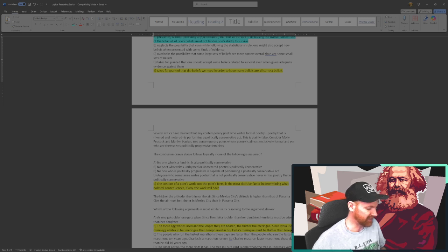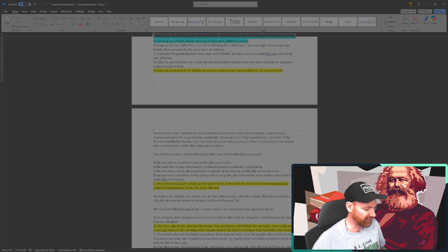D is a bit tricky, but we don't need to prove that these feminists would never write politically conservative poetry, just that they could write some that isn't conservative, right? And E doesn't do nearly enough to make our conclusion airtight. Okay, so E kind of is on the right track, but it's not an airtight argument. So that only leaves C.